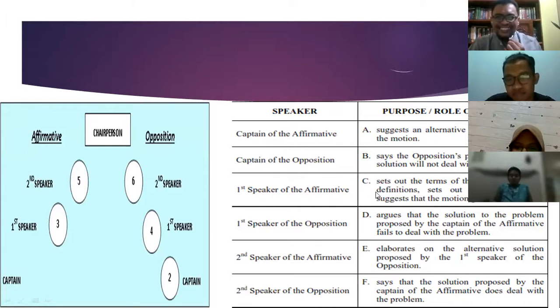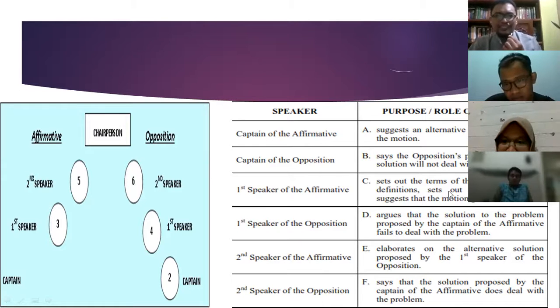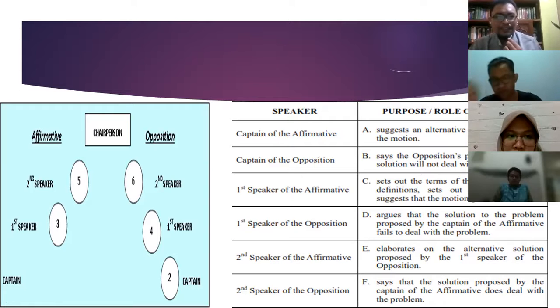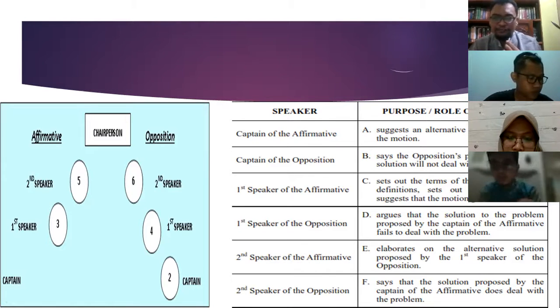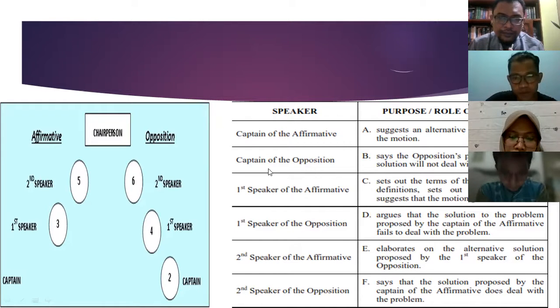Yes, the answer is C. Sets out the terms of the debate by giving definitions. You remember your video recordings? That's the captain of the affirmative. Sets out the terms, explaining the terms of the debate by giving definitions. Sets out the problem. What is the problem in the motion? And then suggests that the motion gives a solution, right? Something like that. So the answer is C for the captain of the affirmative.